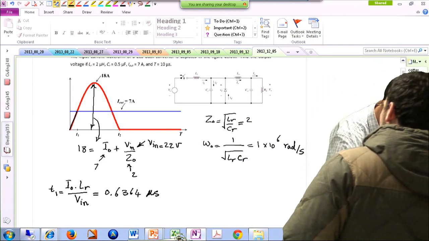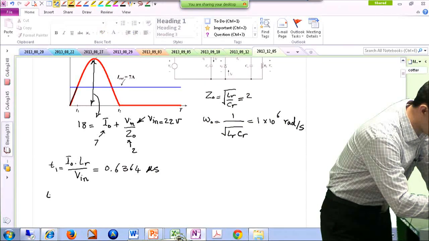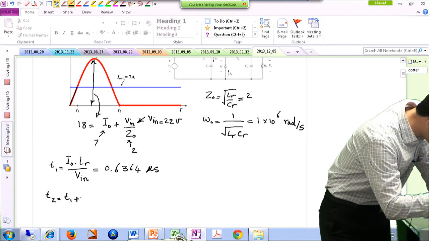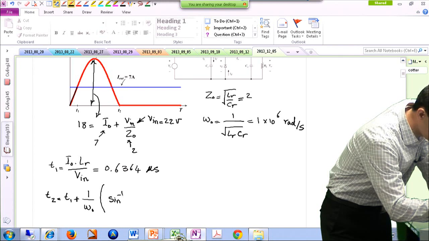And then for T2 we had this expression: T2 is T1 plus, or you can calculate T2 minus T1, it doesn't really matter, the inverse sine of.